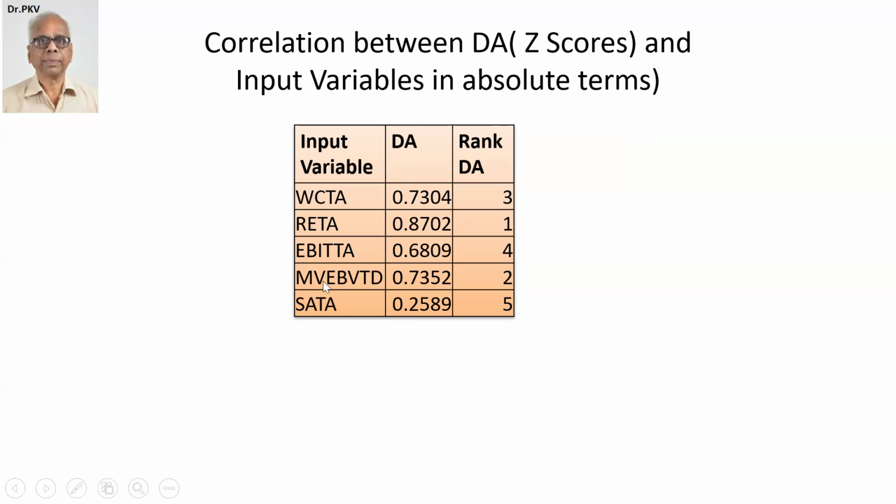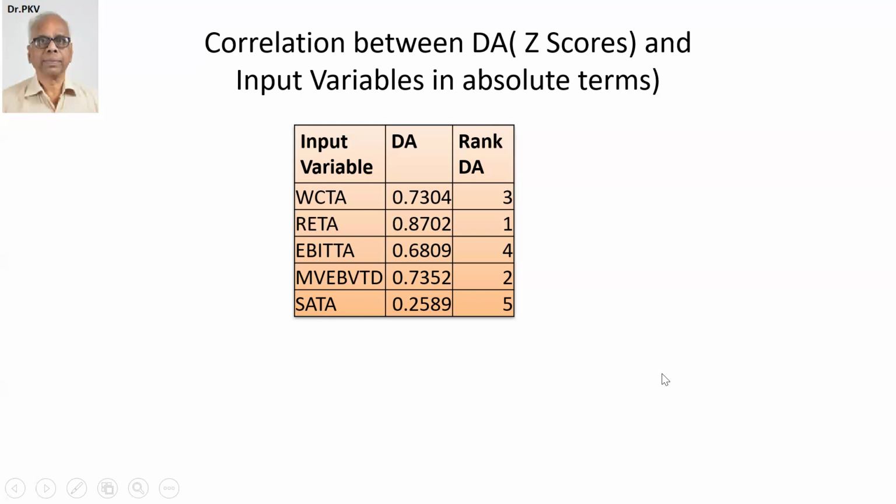The number 2 is market value of equity to the book value of the total debt outstanding. Rank 3 is WCTA, which has a correlation with the Z-score to the magnitude of 73%. And 4th rank is EBITDA. Then the SATA as the 5th rank. As you can see, this is the least important, rather statistically not a significant one, but we told it's important in a practical sense. And this is the ranking.